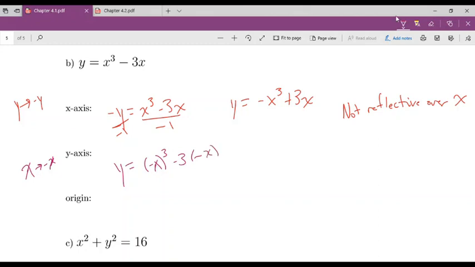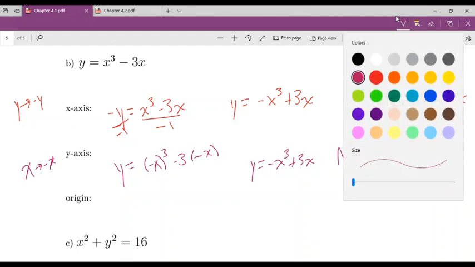So this negative x to the third stays a negative x to the third, and negative x times negative 3 is positive 3x. So that's not the very same thing as the original either. Therefore, it's not reflective over the y-axis.